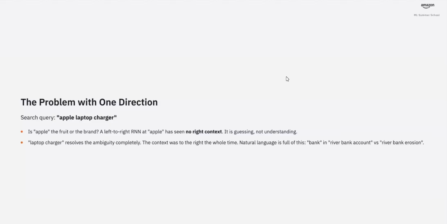You need both sides to resolve it, and a model reading only left to right is structurally unable to do this. So, for any task where you need to label or classify each position in a sequence, named entity recognition, part of speech tagging, query understanding, slot filling, a forward only RNN is always going to be half blind, and you need context from both directions to do the job properly.